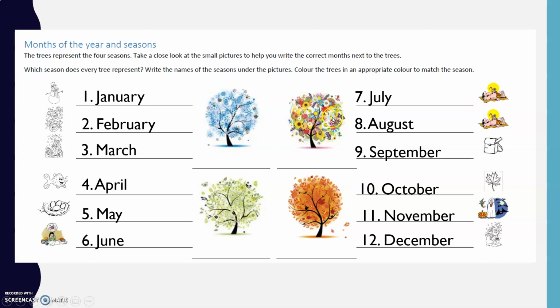And then we'll have a look at the 4 seasons: winter, summer, spring, and autumn or fall. As you can see, there's no capital letter here. So you don't use capital letters when writing names of the seasons, but you do when you write down the names of the months. So don't forget about that.